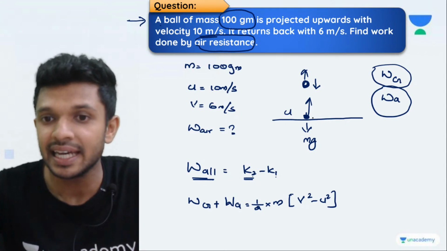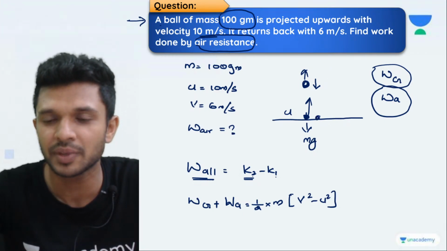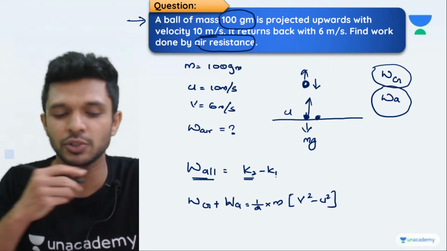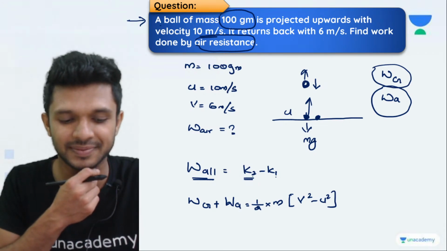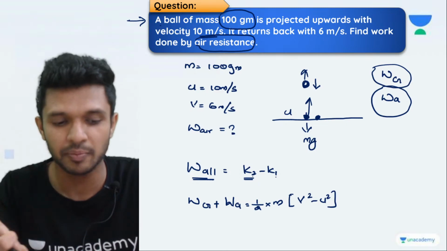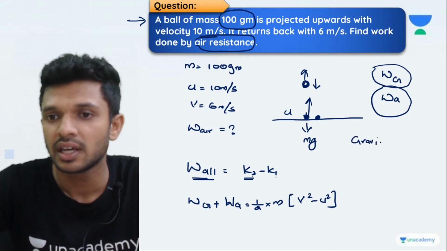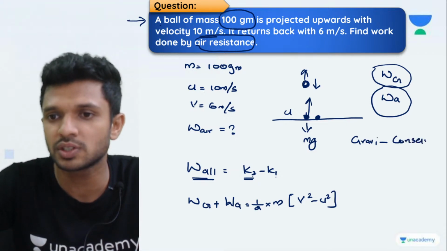I'll give you one hint. It starts from a position and it is coming back to the same position, which means the initial and final position is the same. And this gravitational force is a conservative force.